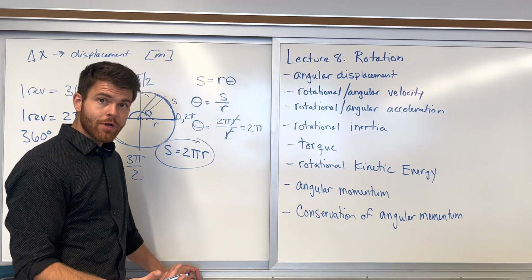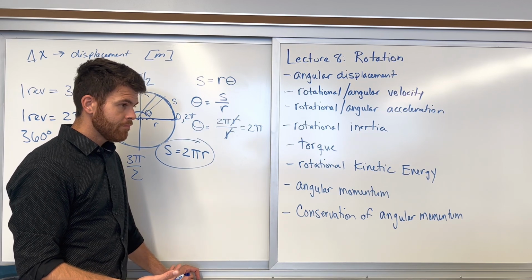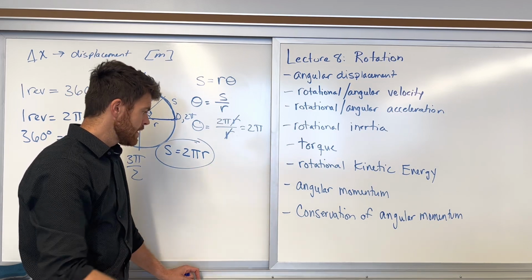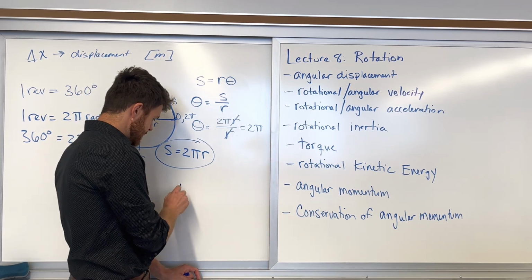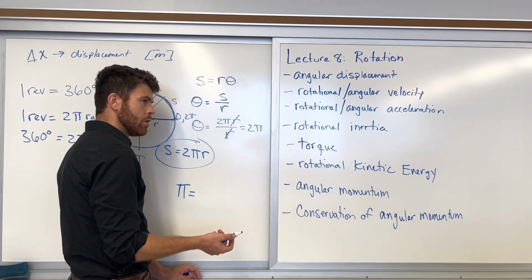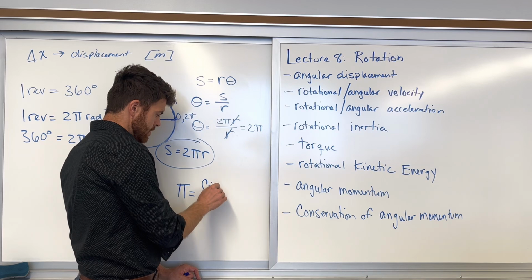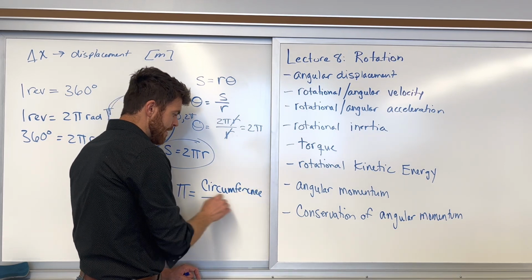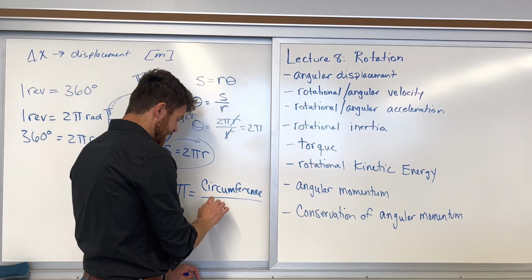It's an irrational number, which means it is a number with an infinite number of decimal places that represents the ratio of the circumference of every circle divided by its diameter.